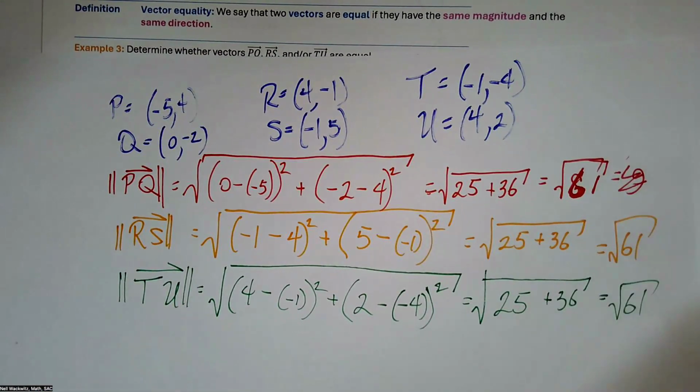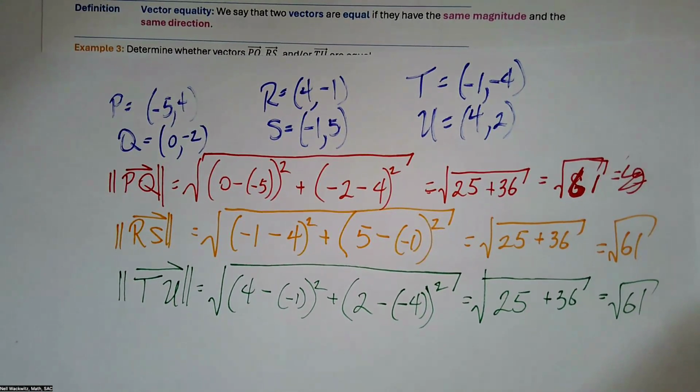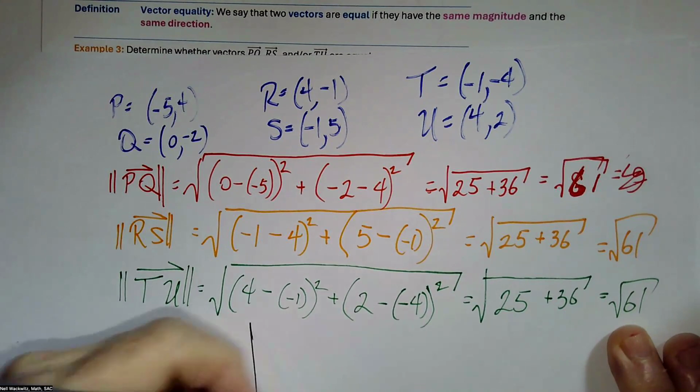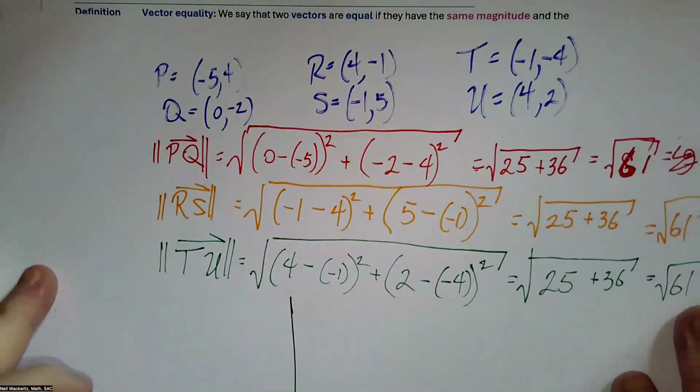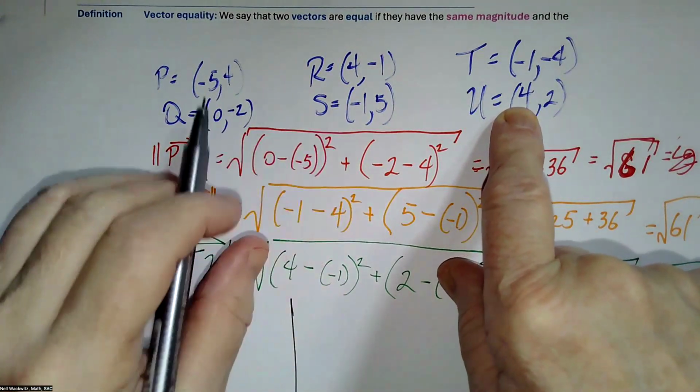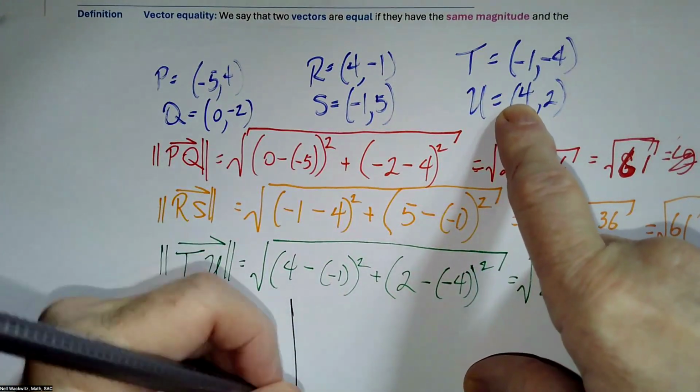Let's sketch this system. Let's see, we go up to 4.